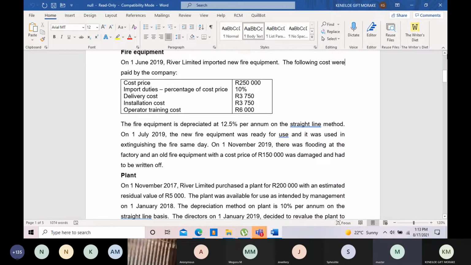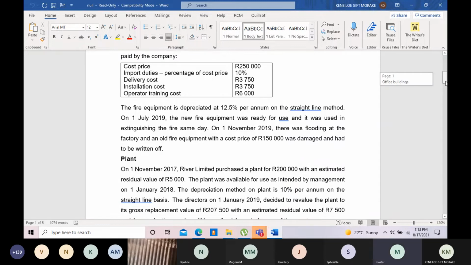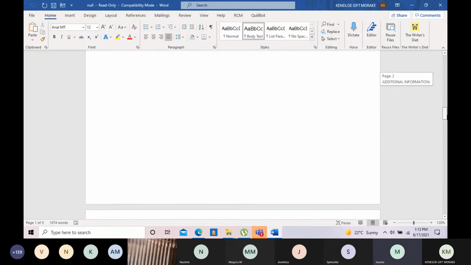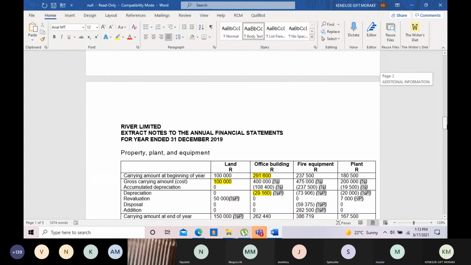The fire equipment of 150,000, it was damaged and had to be written off. So how do we then calculate the depreciation here? Let's quickly check there.